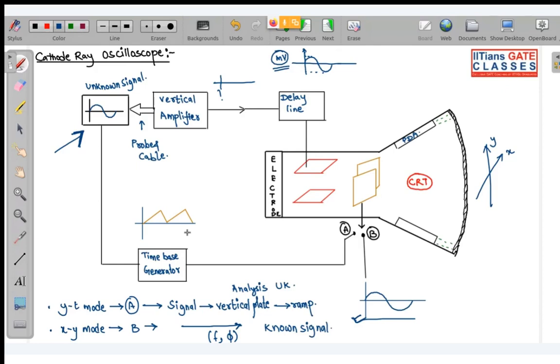Next point, horizontal plate deflects electron in top or bottom direction, in bracket write y coordinate.